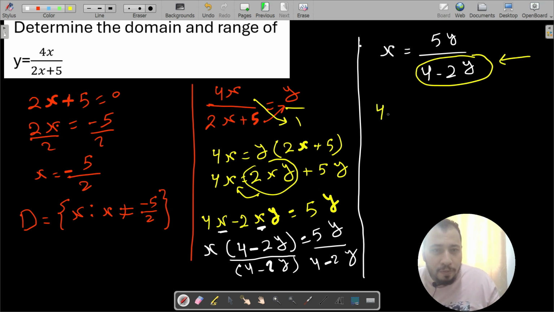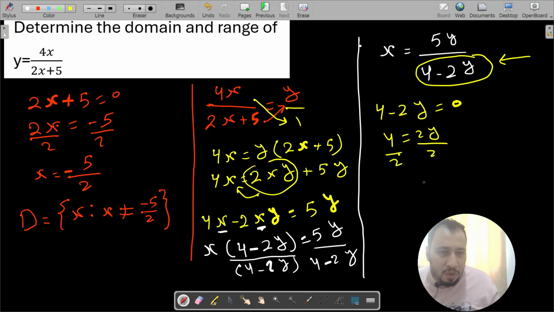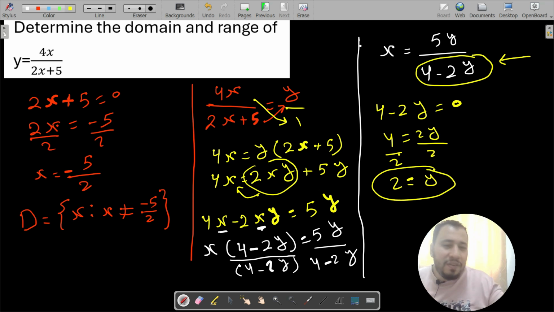So 4 minus 2y equals 0. So 4 equals 2y, divide by 2, divide by 2. That's y equals 2. So this value will never appear in our range.